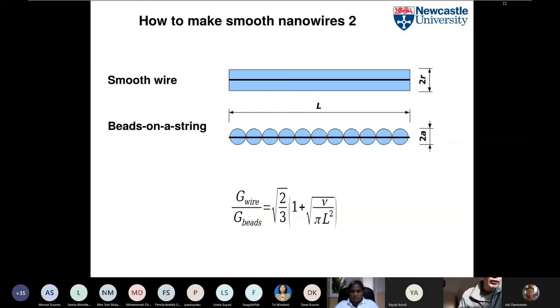So new in the formula is the volume of material, the volume of copper or of polymer or of cadmium sulfide per unit length L of the DNA. So basically the first lesson from this analysis is if you try and make nanowires which are too thick, if you put too much material in there, if you have too big a ratio of material being templated to DNA, you don't get a nice smooth nanowire.